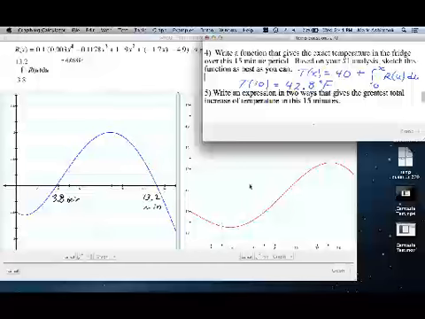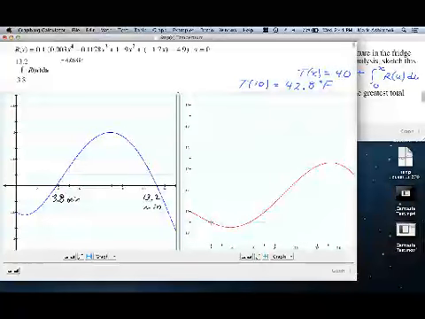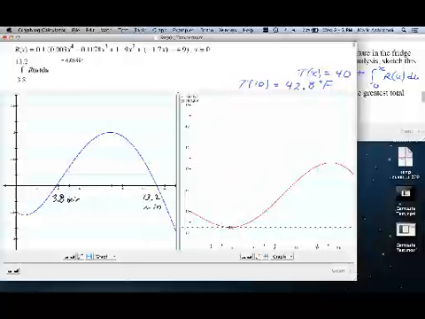Looking at the actual temperature graph, we can also confirm that by coming down here to 3.8. That's the best I can do right there. And we get a y of 38.5207.